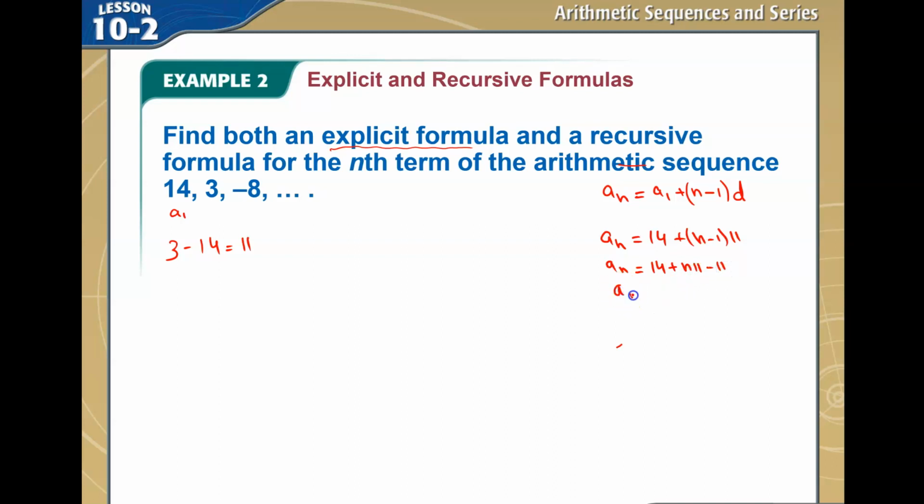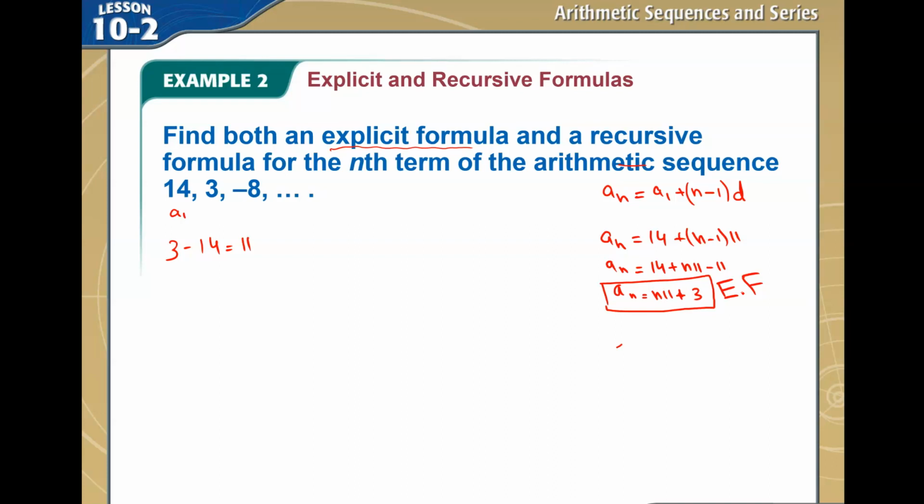Now An equals 14 minus 11 is 3, so 11n plus 3. This is your explicit formula, EF.